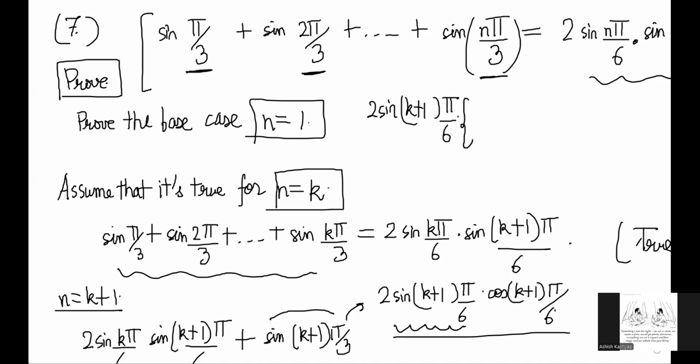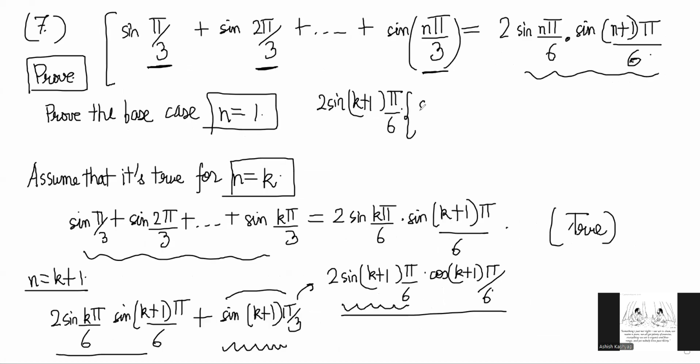You are getting sin(k pi/6) plus cos((k+1) pi/6), right? Is that correct? Is everyone understanding what I'm saying right now?